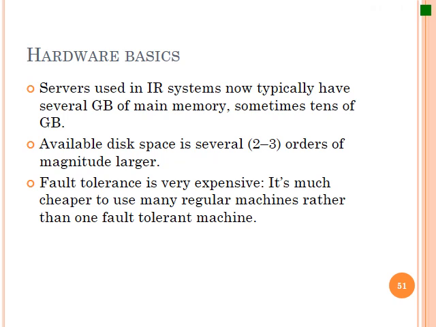If you want to build a fault tolerant system that can handle any kind of failure, power failure, all sorts of outage, that is very expensive. So rather you go for many cheap machines, and by adding redundancy on these cheap machines, it's more economical than buying one single fault tolerant machine.